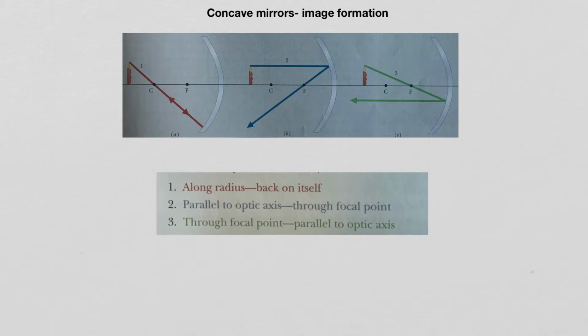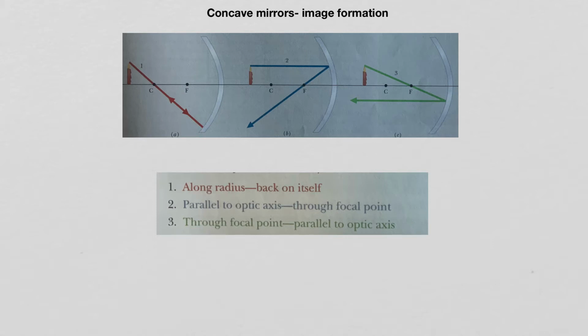And so it is going to reflect at 90 degrees as well. Or in other words, after reflection, ray number 1 is going to propagate along the same way which it came from. So the ray goes like this, reflects, goes back like that.